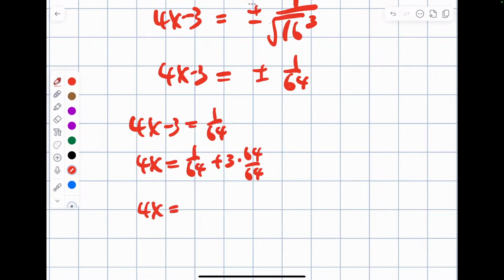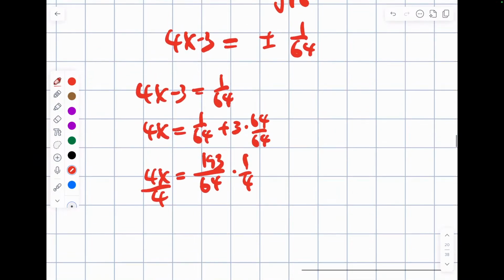That's 193 over 64, and divide by 4 on both sides, so times 1 over 4. So it's 193 over 256. I don't know if anybody got that weird number. Good. Very awesome. You got that?